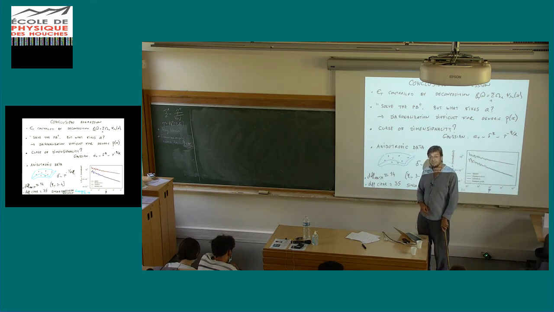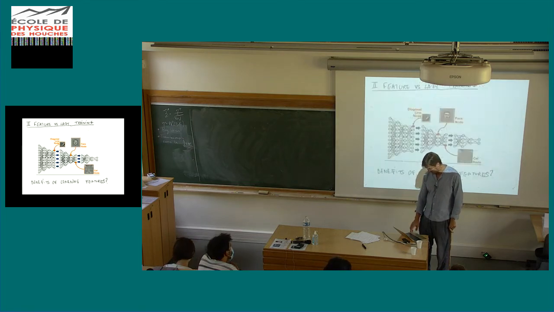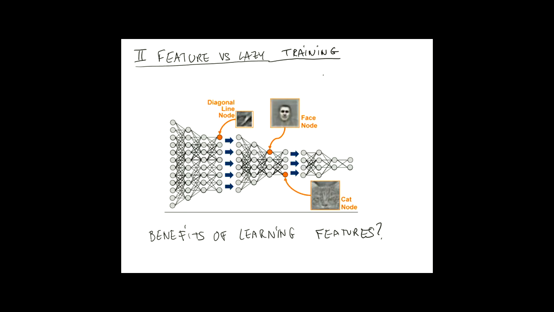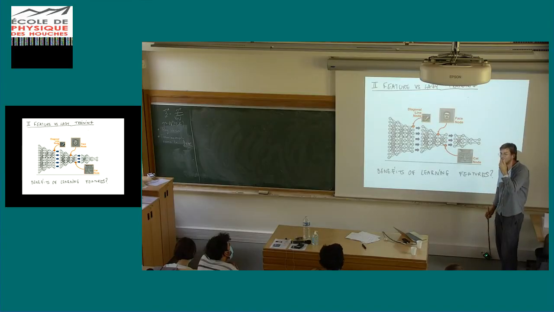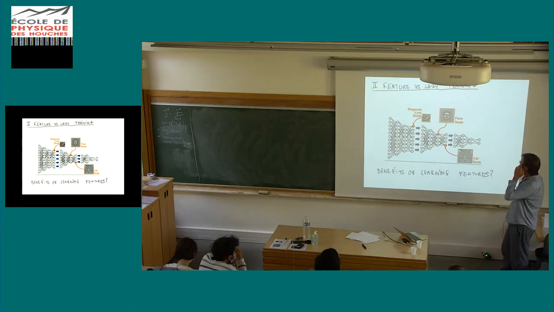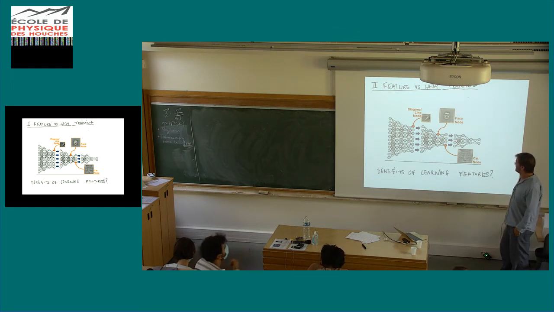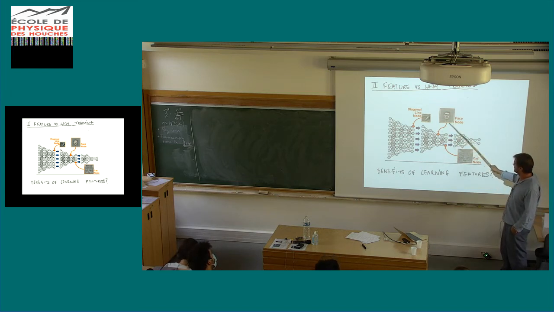Okay, so that was the part on regression, and now I was planning to talk about feature versus lazy training. We discussed this question yesterday. It's believed that deep learning works well because you learn features: neurons higher up respond to abstract things that don't depend on many aspects, like location or smooth deformation.